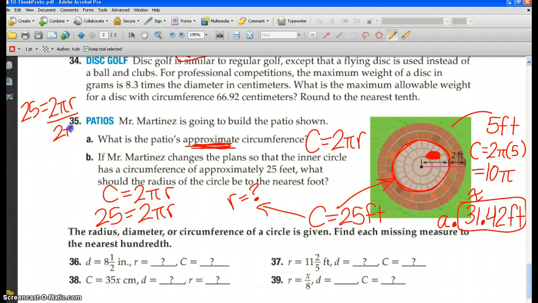I need to get 2 pi to cancel out, so I divide the other side by 2 pi. Now, if you're using your calculator, make sure to put that in parentheses. So you're dividing by the quantity of the product, 2 times pi. So 25 divided by 2 pi is approximately 3.98, or about 4 feet. And that's part B.